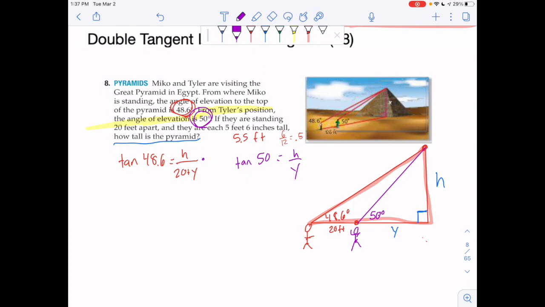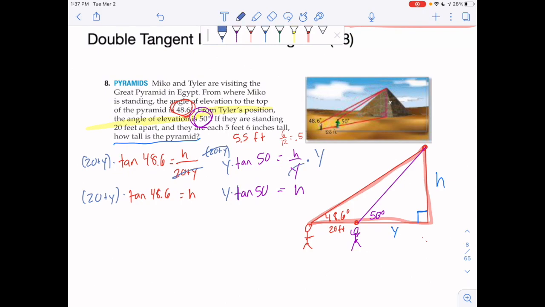So I'm going to multiply both sides here by 20 plus y. These will cancel. 20 plus y times tangent 48.6 should equal your h. And over here, sorry about that, you're going to multiply both sides by y. y times tangent 50 equals h, okay?